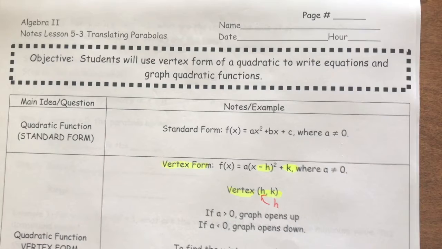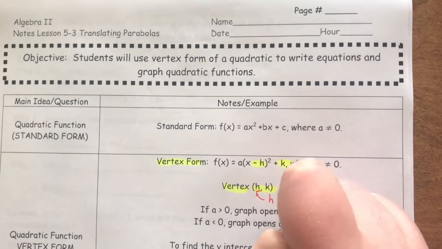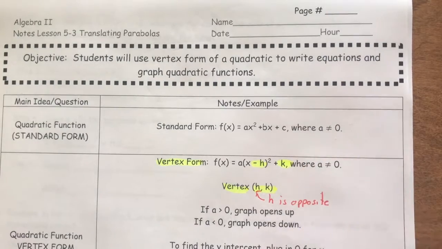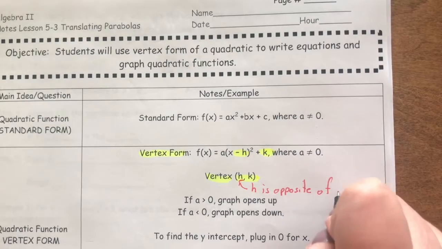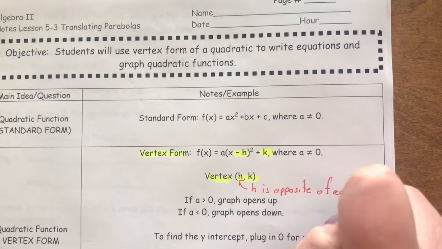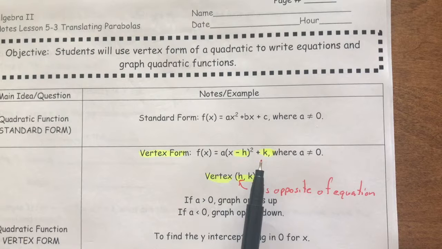So we're going to write h is opposite of equation. The k value, which will be our vertical shift, affects the y coordinate, and will be the same as what's in the equation.